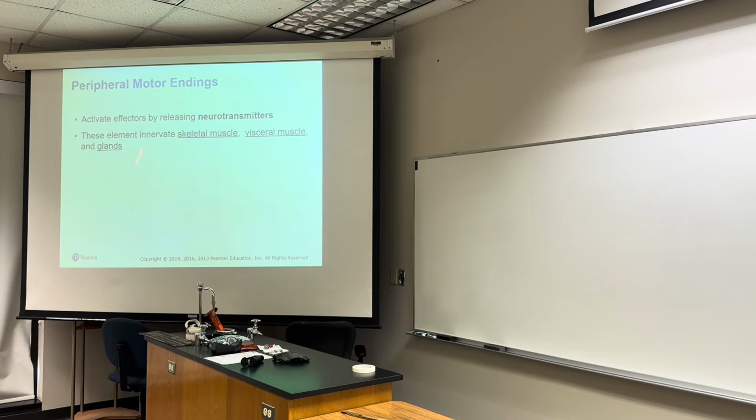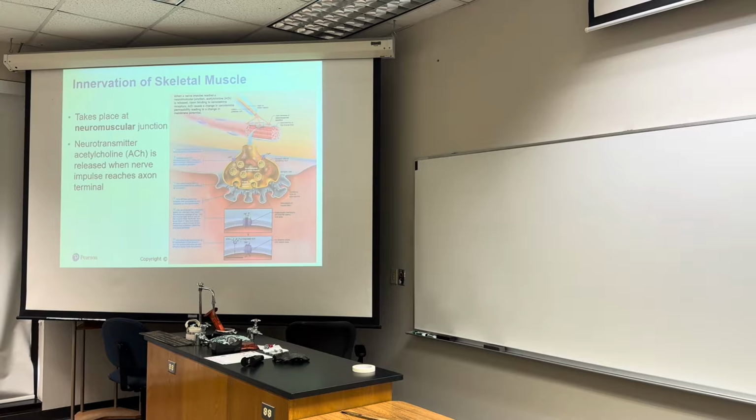So now these elements innervate skeletal muscle, visceral muscle, and glands. But what happens to the skeletal muscle is something we have talked about, maybe more than 50 times, many times, right? So this is something you are very familiar with.